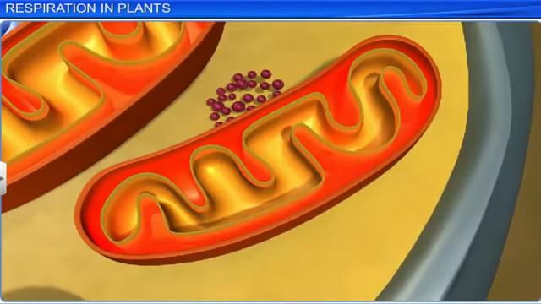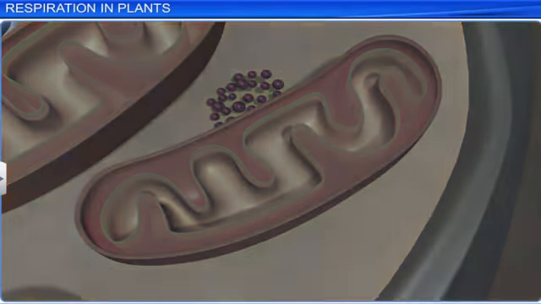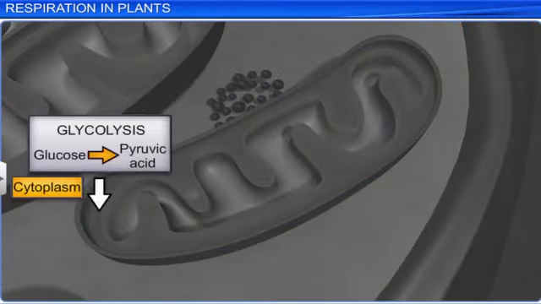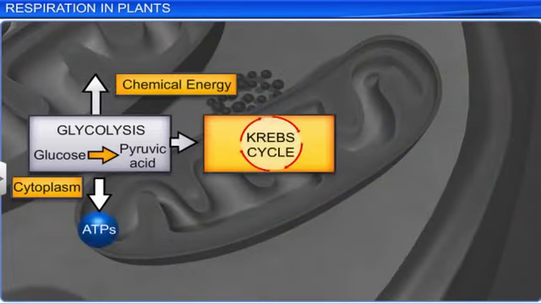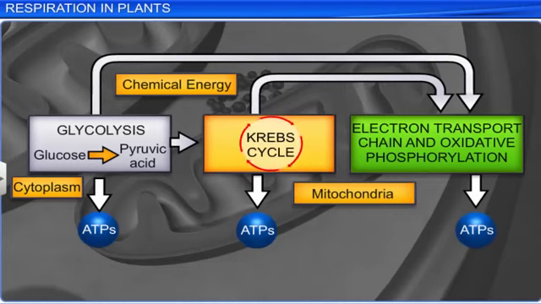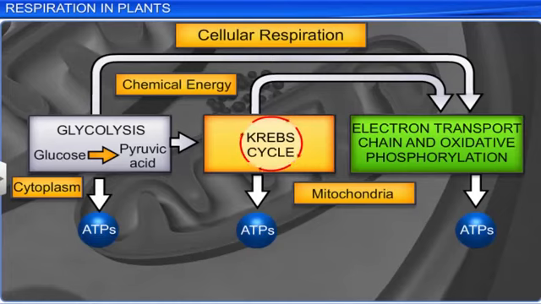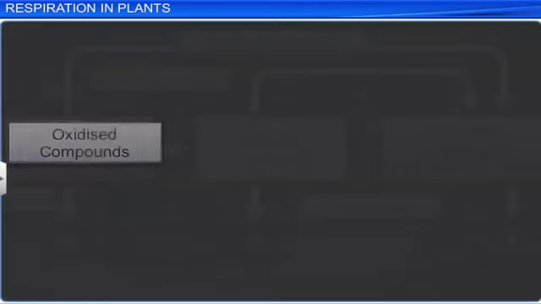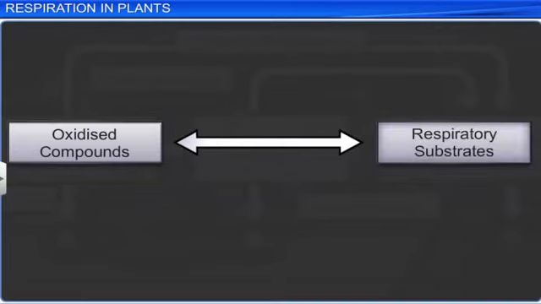In eukaryotes, it takes place in three distinct stages, namely glycolysis in cytoplasm, Krebs cycle, and the electron transport chain, or ETC, in the mitochondria. Since it takes place inside the cells, it is called cellular respiration. The oxidized compounds are called respiratory substrates.